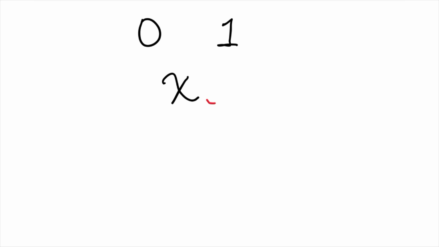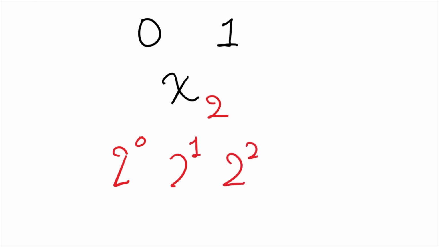So any number with the base 2 will be considered a binary number. Like Denary has a place value of tens, hundreds, thousands, and so on, binary has the place values of the power of 2. So we would have 2 to the power 0, 2 to the power 1, 2 to the power 2, 2 to the power 3, and so on.